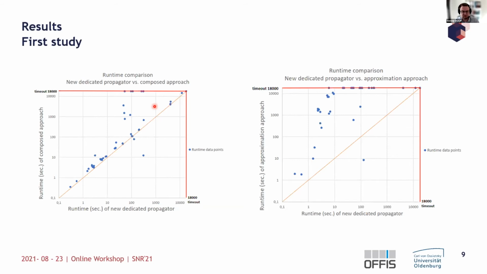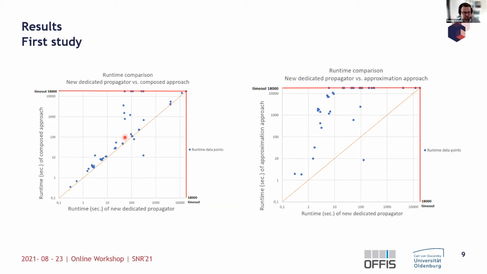And also in this experiment, we are looking at problems which are not only about safety-critical properties in the sense of verification, like counterexamples or negation of such properties, but also just to find a candidate solution for known solvable problems regarding these models. And what we see on the left side is that in most cases the new dedicated propagator was faster.